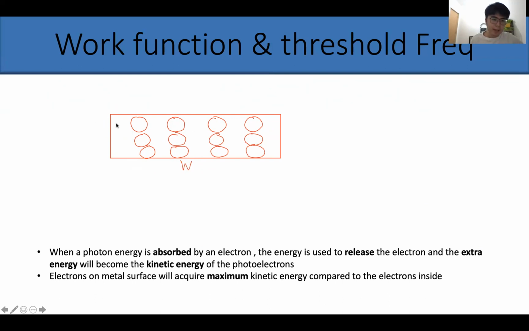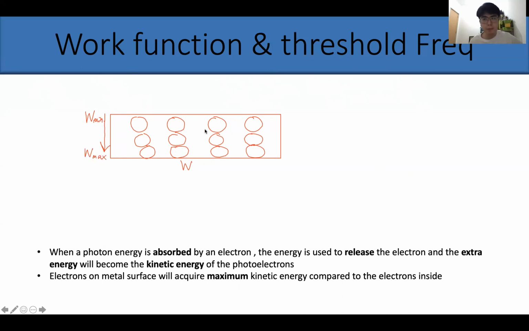Now the first layer, the layer closest to the surface, the outermost, the uppermost surface, always has the minimum work function. And this work function will increase as you go deeper and deeper down. Okay, now let me make it clear again.